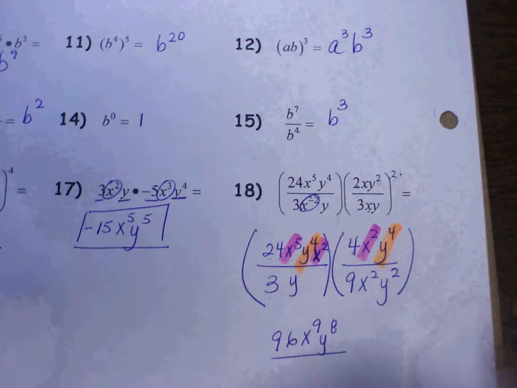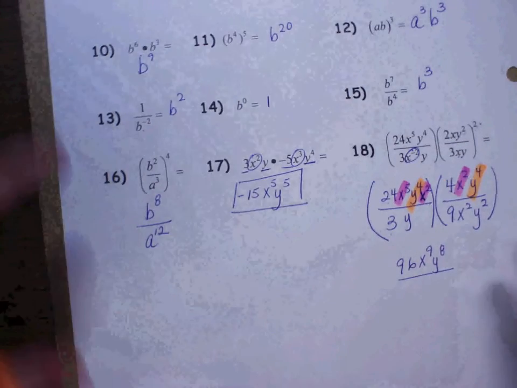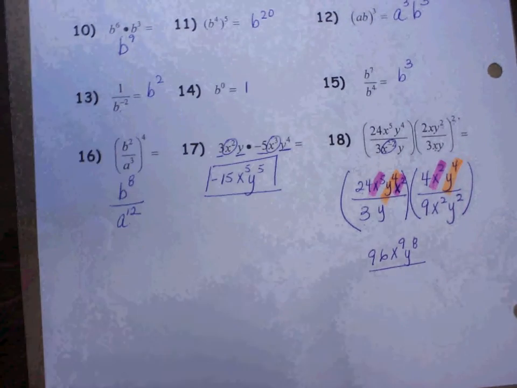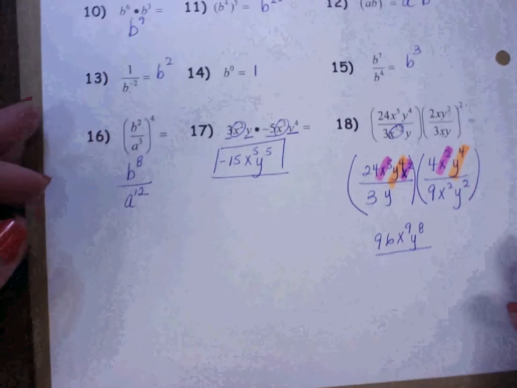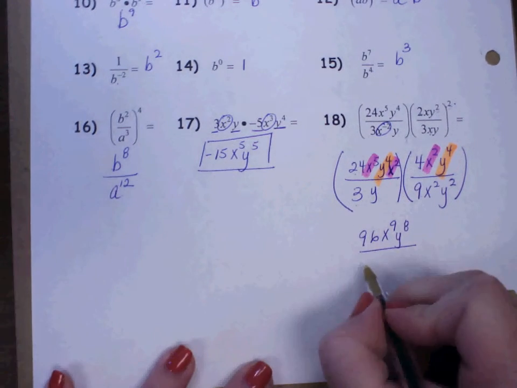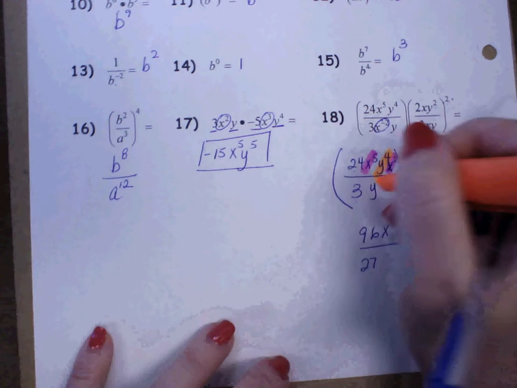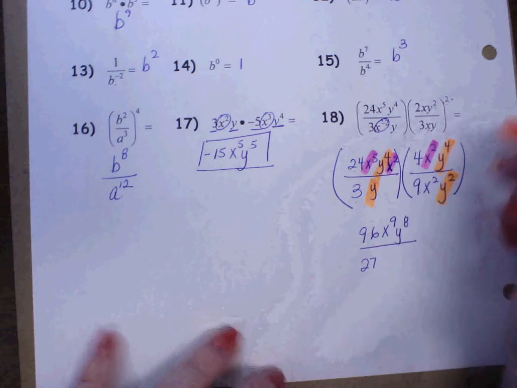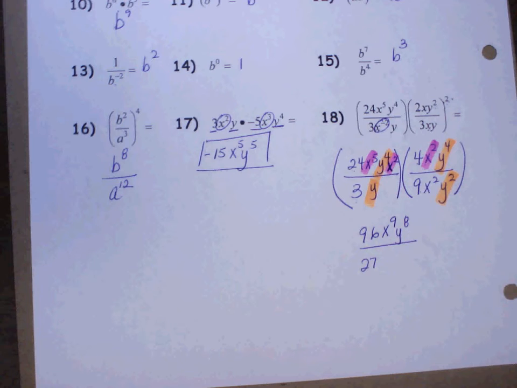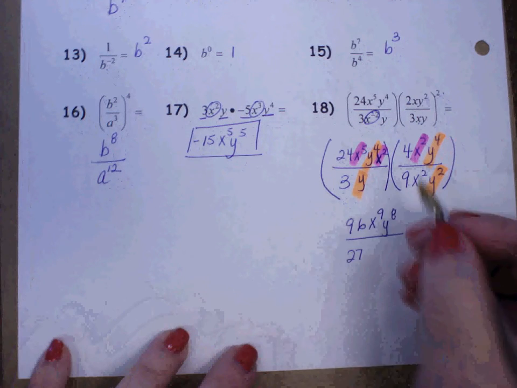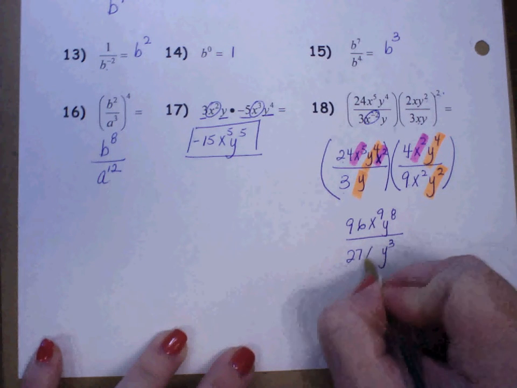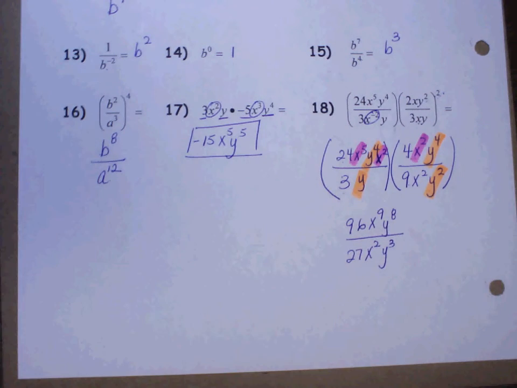Please stop. All right, what's 3 times 9? Oh my goodness. All right. So, what is this one? Y to the third. Very good. And x to the second.